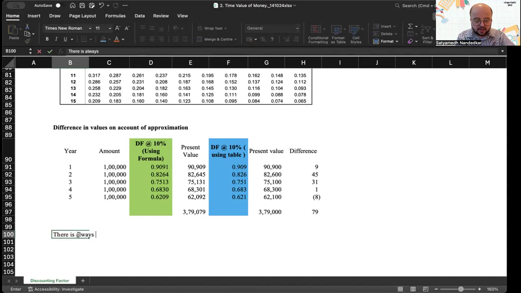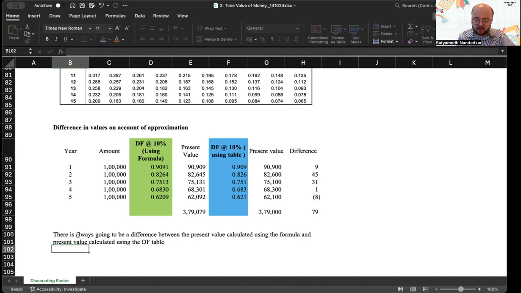There is always going to be a difference between the present value calculated using the formula and the present value calculated using the discounting factor table.